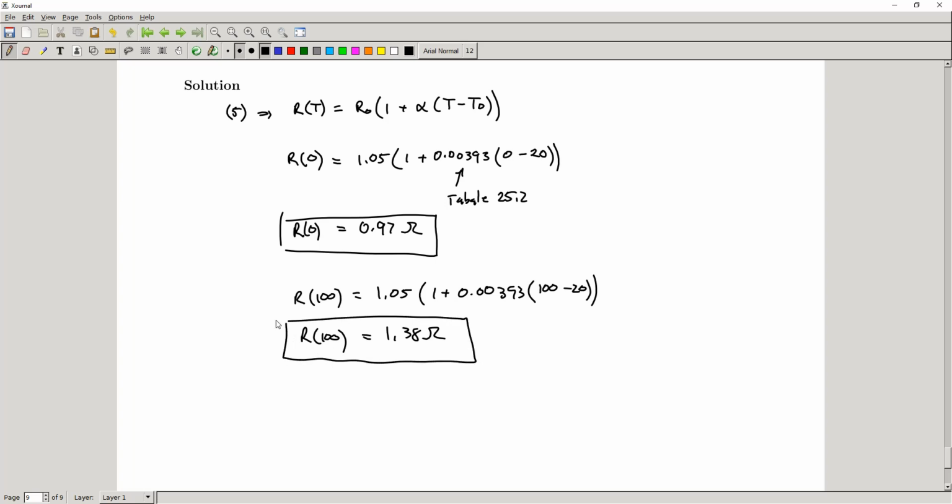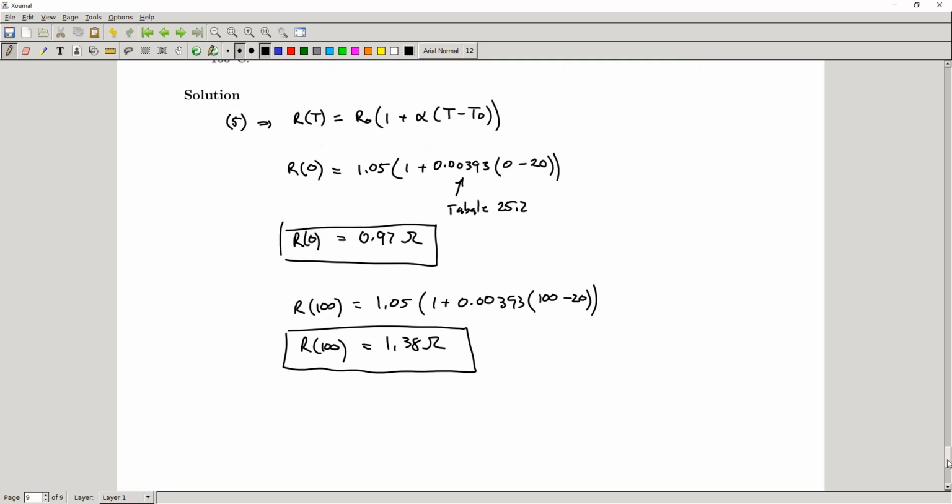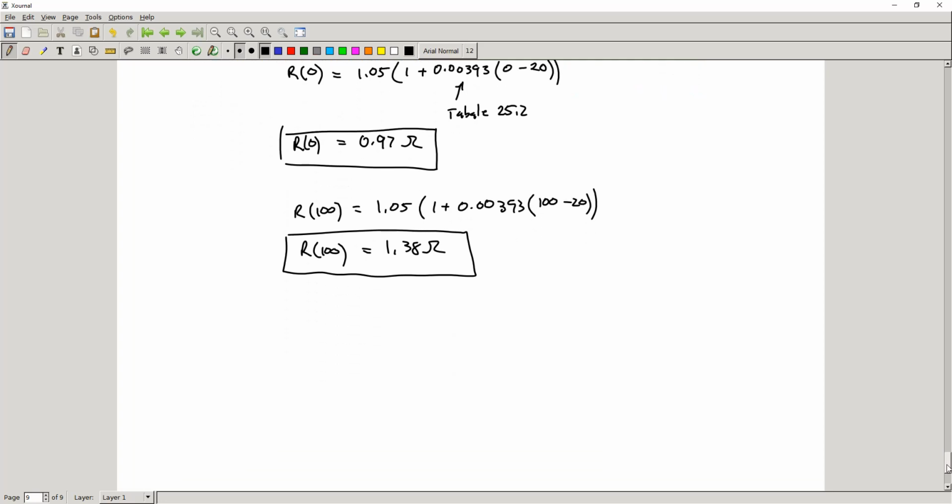What do we see happening here? First of all, this is the answer to the question, so this is all that we were asked to do. We have our resistances at 0 and 100 degrees Celsius, and we're done. Can we double check that this makes sense? Yeah, we can. We know that as temperature goes up for a conductor, we expect that our resistance will go up.